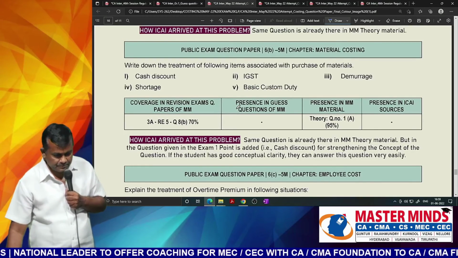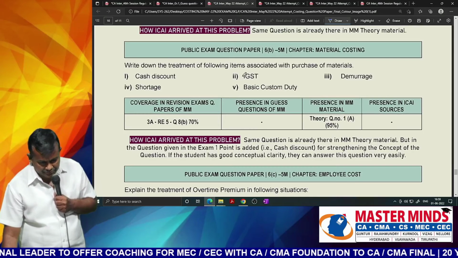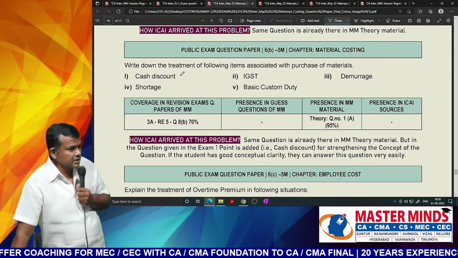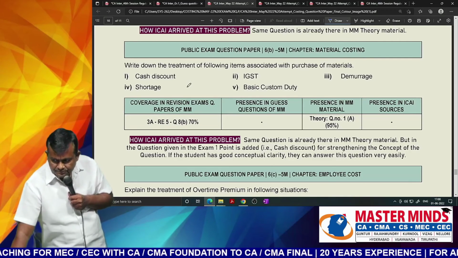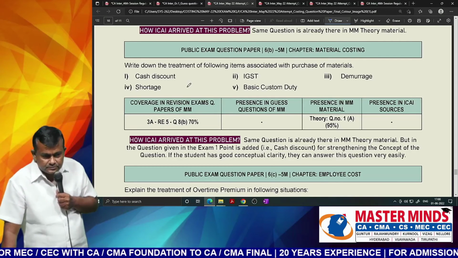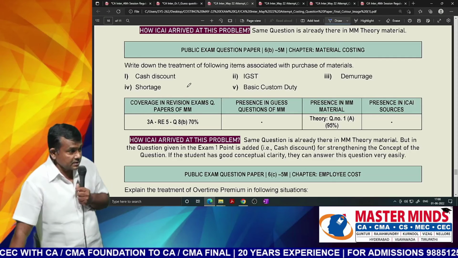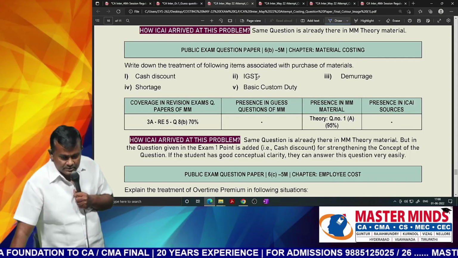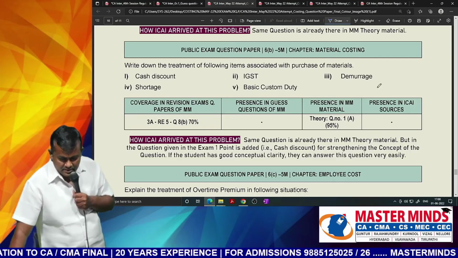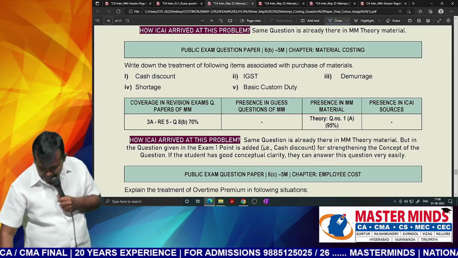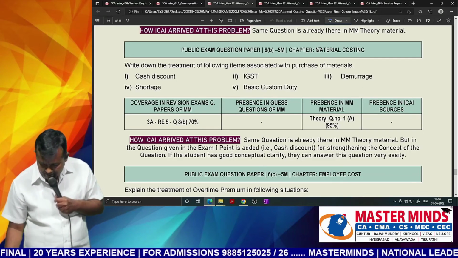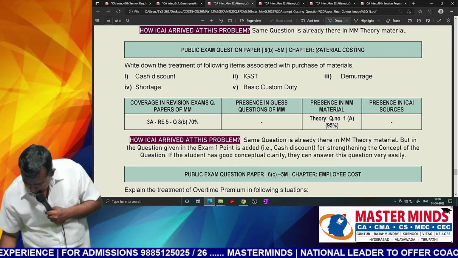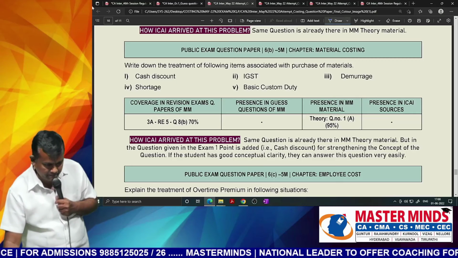Next 6B. Material costing. Write down the treatment of following items associated with the purchase of material. Cash discount. Treatment of cash discount: these items are not considered while preparing the cost statement. Next shortage. IGST, basic customs duty, demurrages. So this is the material chapter, sir. In theory material, question 6B, page number 21.